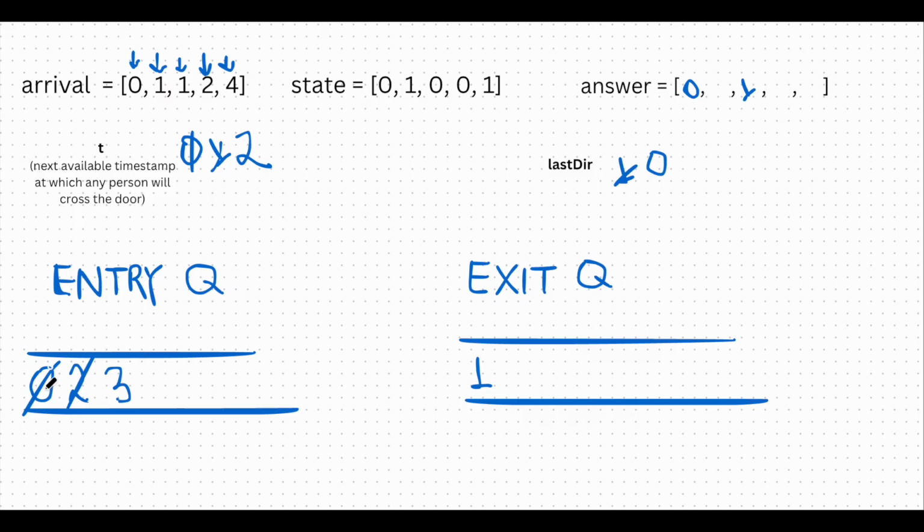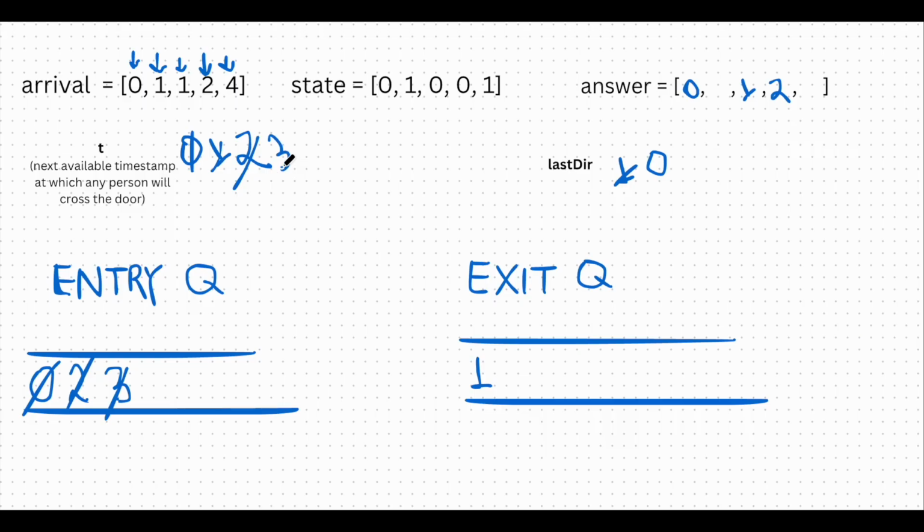We try to find the candidate from over here, and based on the last direction, we check the entry queue, and the element at index 3 is there. So the element at index 3 will go at t equals 2, and we remove this element from the queue, and then our t will become 3.